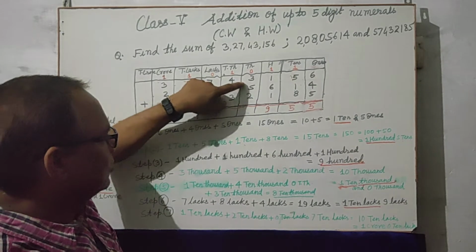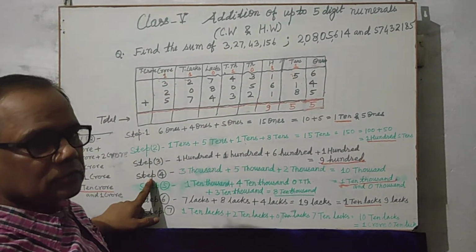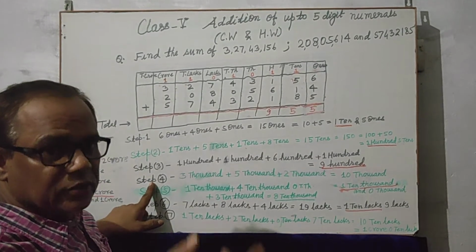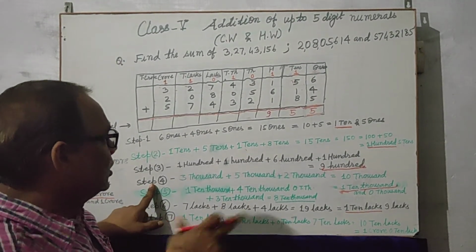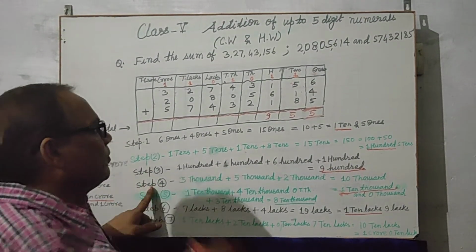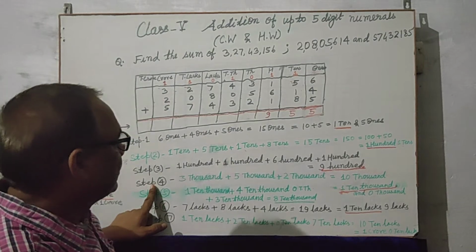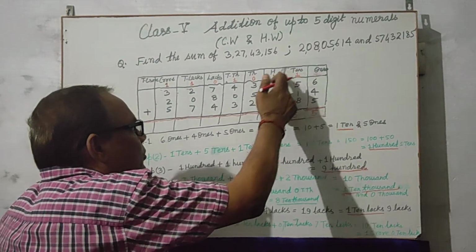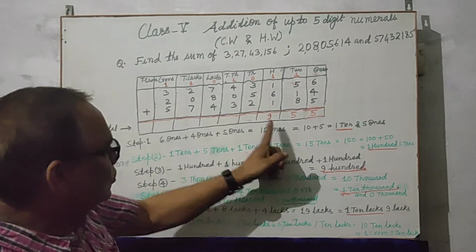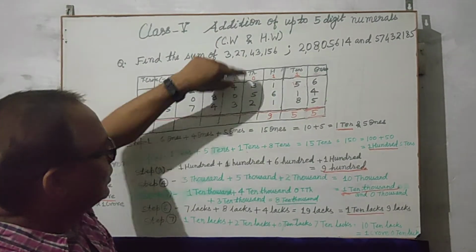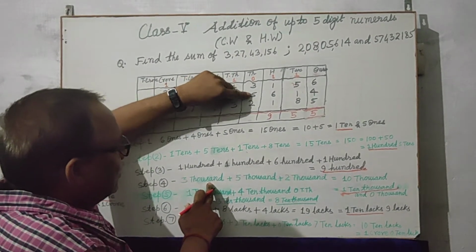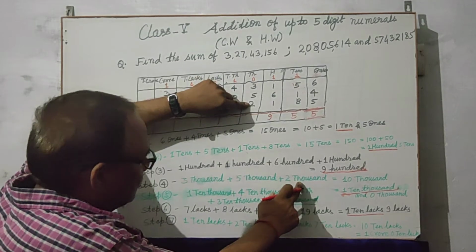Now take your fourth step, listen carefully. You can repeat again and again to understand it. I am going fast. Take step 4, at the place of thousands. 0 plus 3, it means 3000, 5000, 2000.